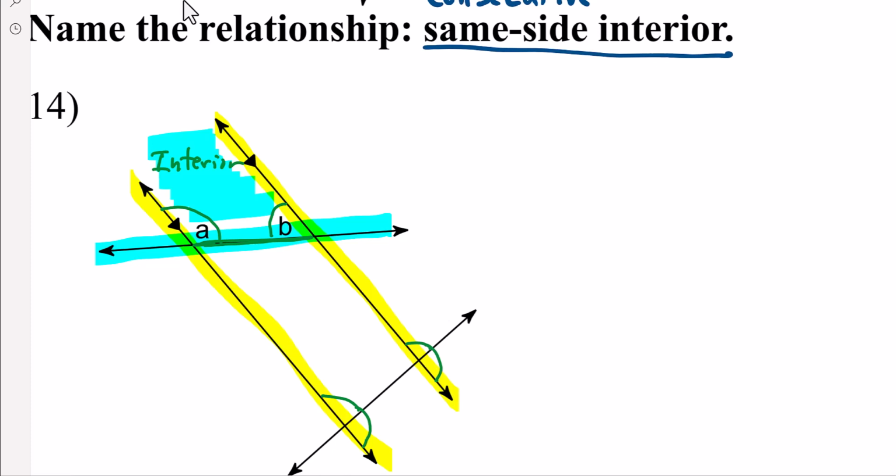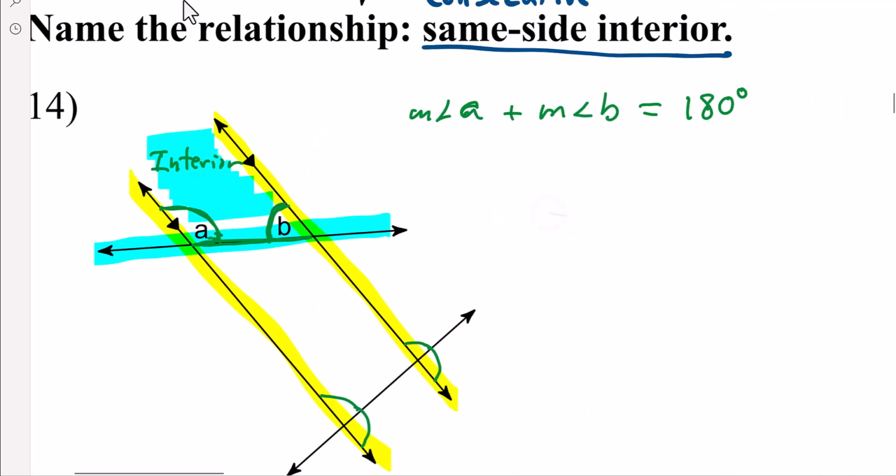They sit on a straight line, and all angles that sit on a straight line add up to 180. So if we were to take this acute right here, leave it there, but see this obtuse? Well, it's in the same location as this obtuse. Well, these two add up to 180. Therefore, same side interior angles, so the measure of angle A plus the measure of angle B add up to 180 degrees. Every single time.